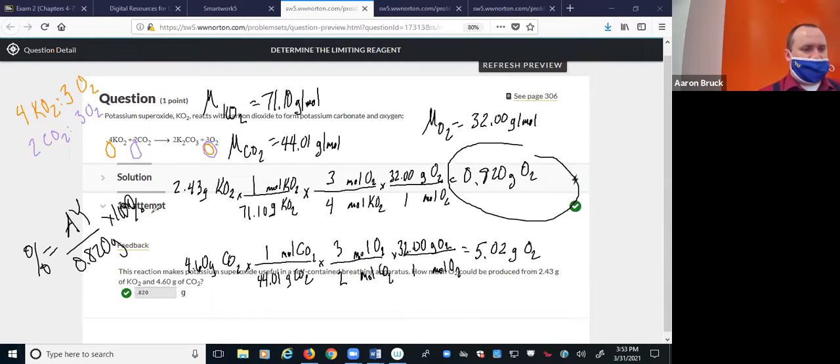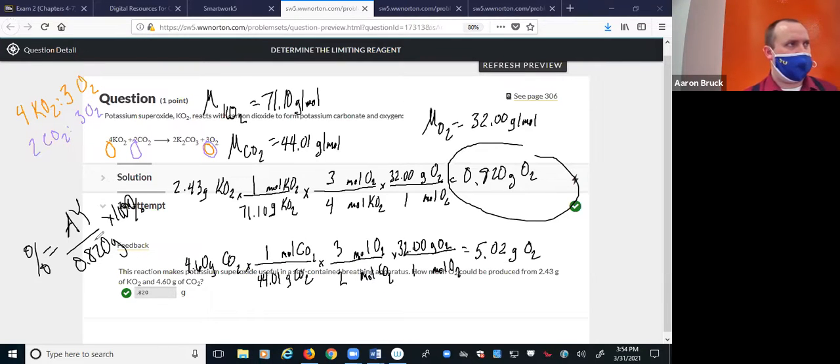Now on your quiz, you were given the percent and you had to solve for the actual yield. You would apply the percentage to the theoretical yield. So if it was 80%, you would multiply 0.820 by 0.8.